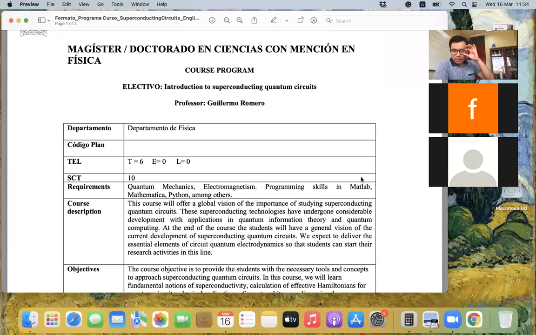So that would be my starting point. Essentially, I will talk most of the time in terms of macroscopic quantum phenomena, as an emergent property of what really happens at the macroscopic level in the superconductor.